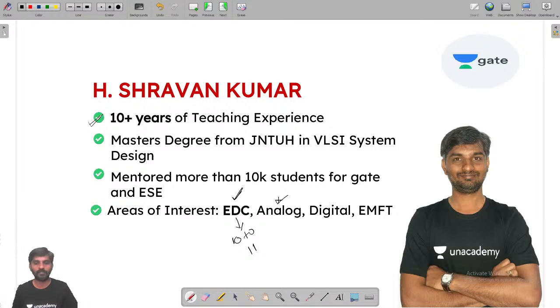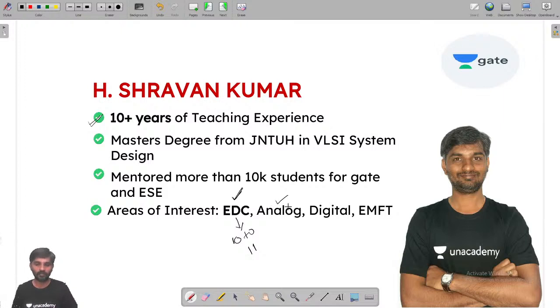I'm also comfortable with analog electronics. Generally, analog electronics is nothing but some part of your ECA, some part of PDC, and LICA. ECA means electronic circuit analysis, PDC is pulse and digital circuits, and LICA is linear IC applications, or linear integrated circuit applications, or analysis.